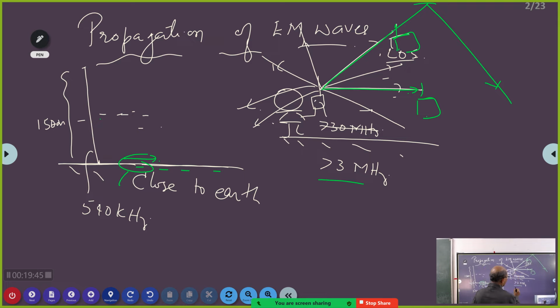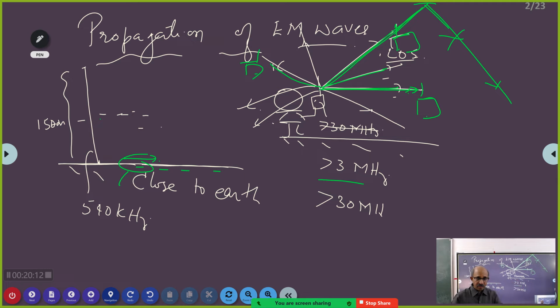But if the frequency is greater than 30 megahertz, then again this is possible. Line of sight is possible. But a wave which is traveling like this will not return back to the ground, it will keep going. That's the only difference. So line of sight is possible at almost all frequencies.